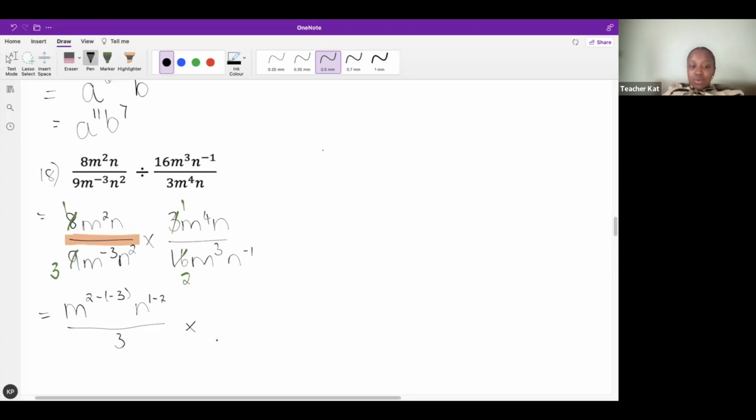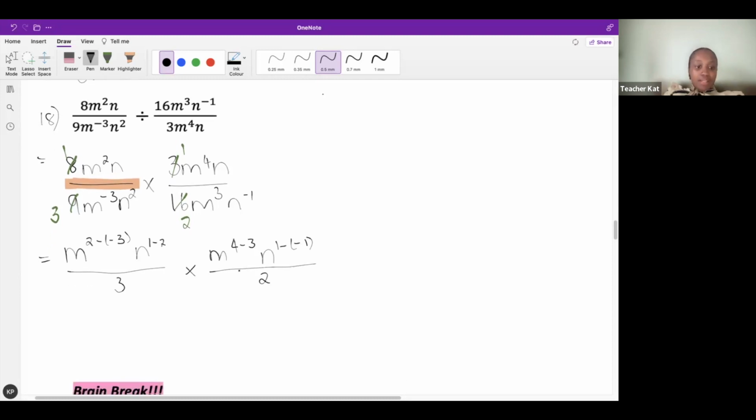We're minusing our exponents still. So it's going to be m to the power of 4 minus 3 and n to the power of 1 minus -1. And this is all over 2. Okay, these minuses, what's going to happen? We have 2 of them. Negative, negative here, negative, negative over there. What do those become? Positive.